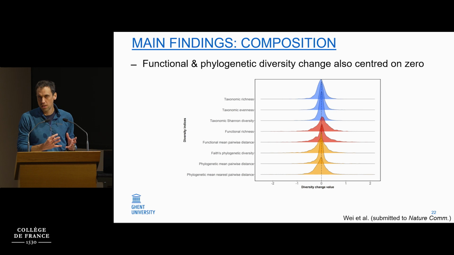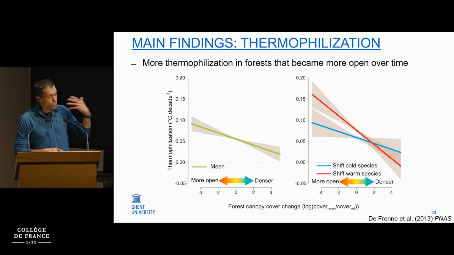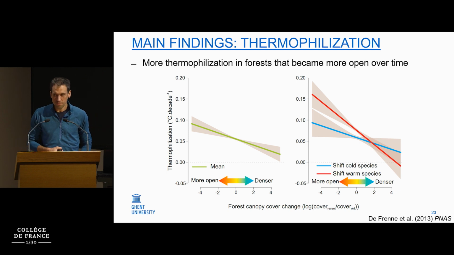And so it's not that overall, across all these quite mature, quite healthy forests, at least compared to conifer plantations, for instance, this diversity change is centered on 0. But of course, there are some directional changes taking place.